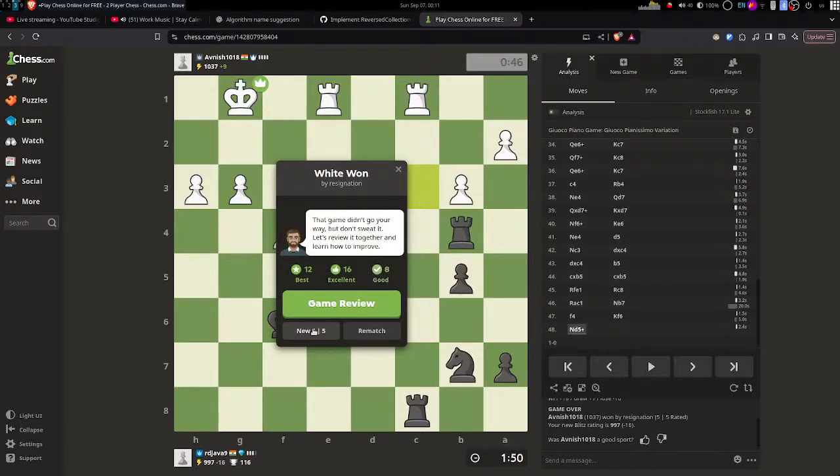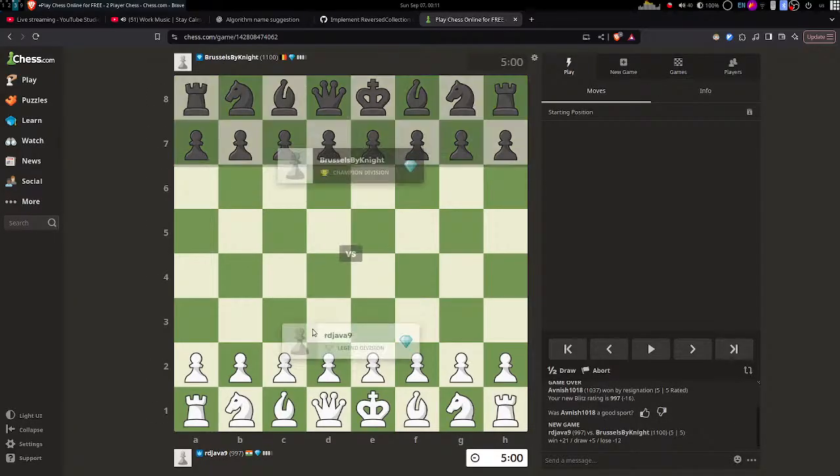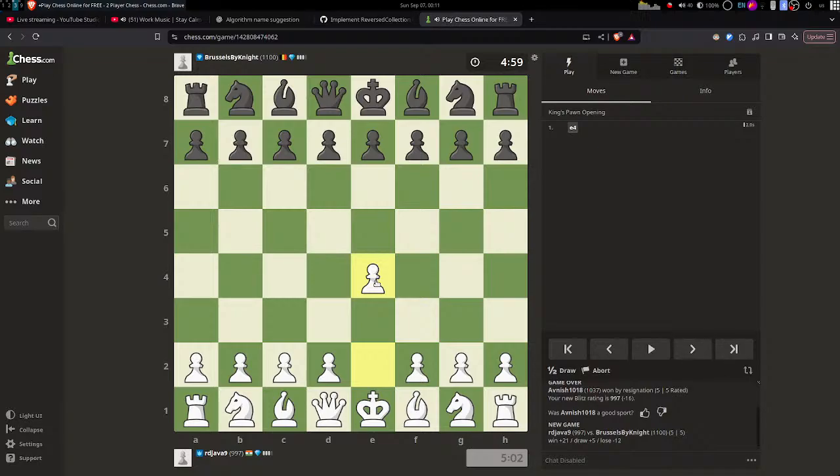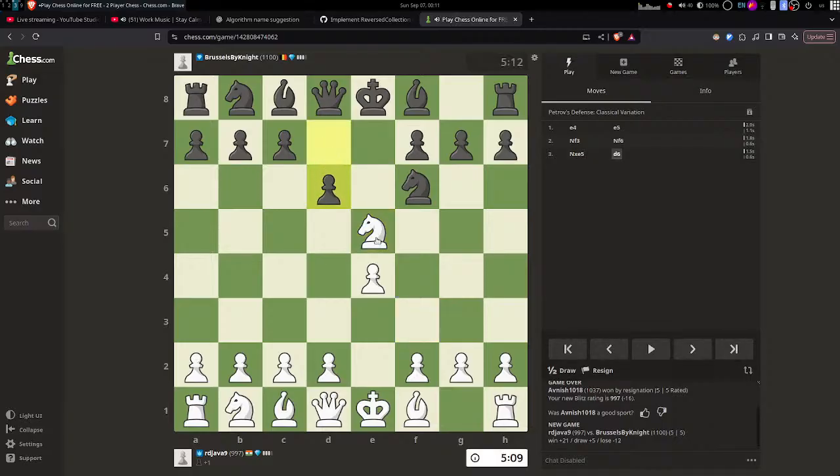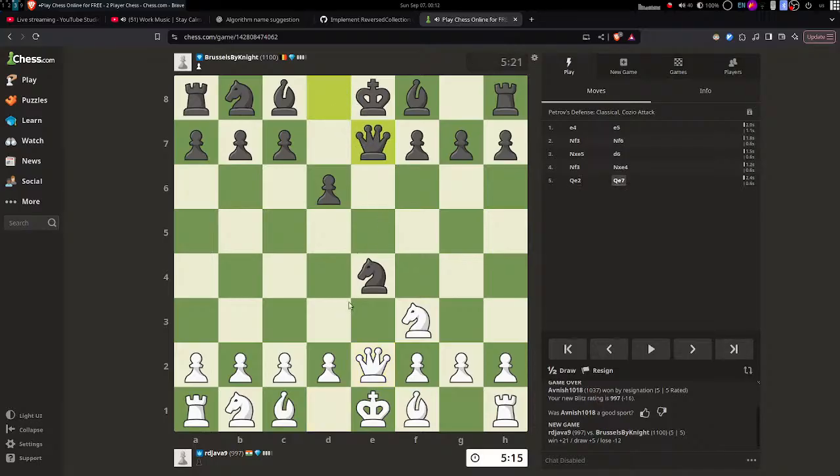I'll try one more and then I will try doing the split iterators thing in Rust. I think now take, yeah, and this one and this one.